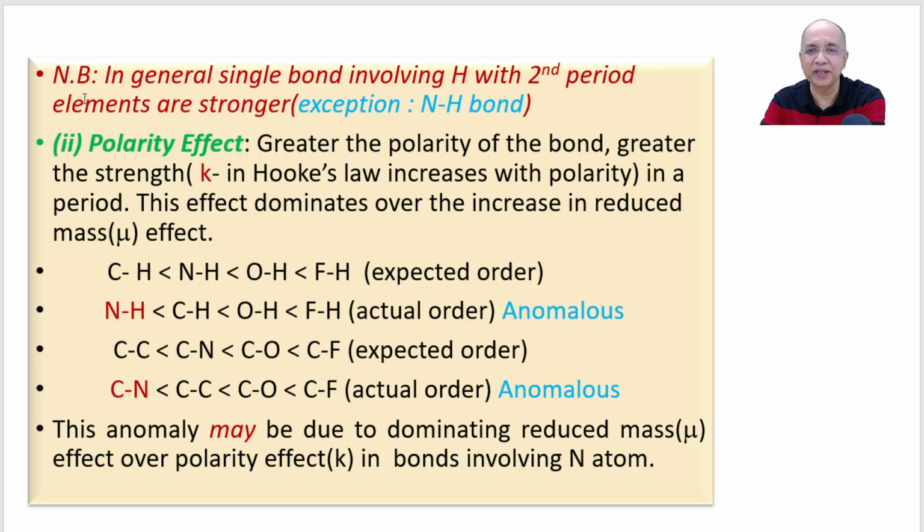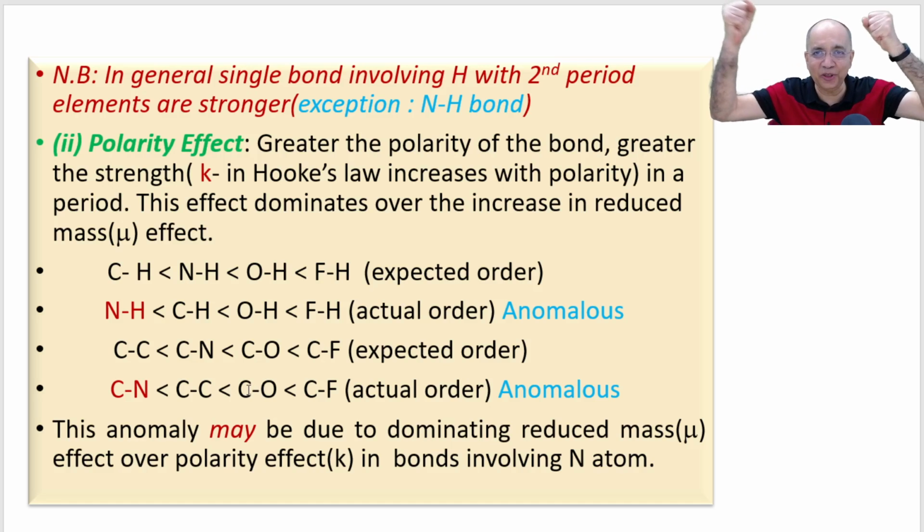Now, the second point, polarity effect. I was saying that in a period, if you go from one to the other in the p block, keeping one atom fixed and changing the other atom in that series, in that period, you will find the polarity of the bond will increase. The more the polarity, the more the force constant.